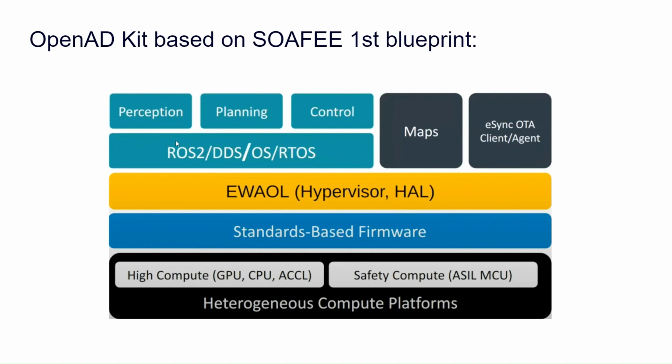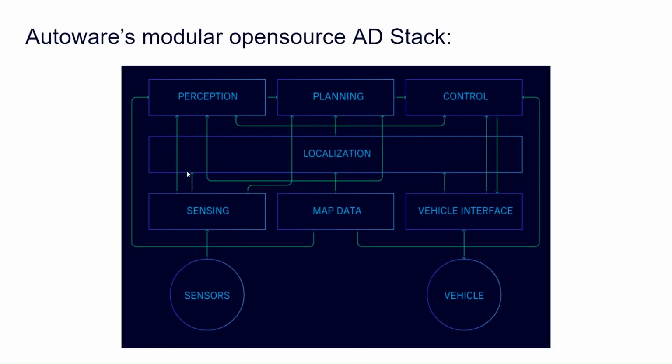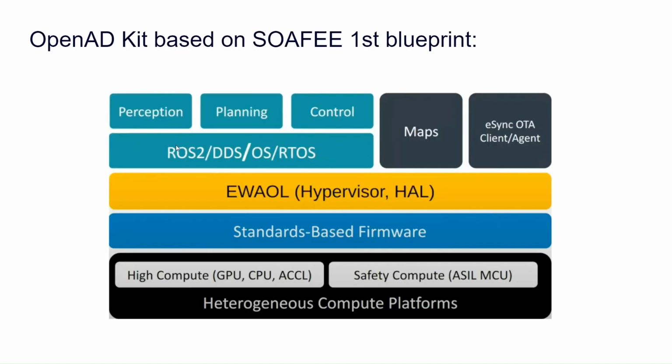Now, the earlier modules which you have seen are split into microservices, three or four of them. And the OTA part, which I explained in eSync, has been put as a separate agent which is running next to this one. So this is the reason why the OpenAD Kit is an implementation of the Autoware stack using SOAFEE's first blueprint.